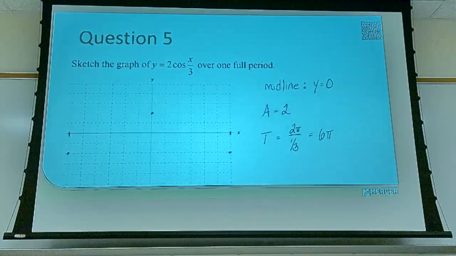So negative pi over 2 would be a 0, but we have to multiply that by 3. Negative 3 pi over 2 is the 0. And then it was pi over 2, multiply that by 3, 3 pi over 2. Why are you doing that? To get what? It's where it's 0. It's where cosine is equal to 0. Just so I have some points to plot.